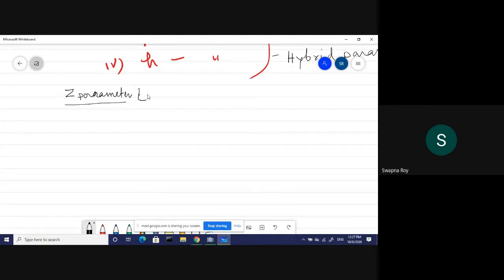It's known as open circuit impedance parameter.